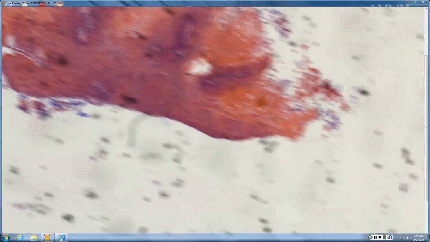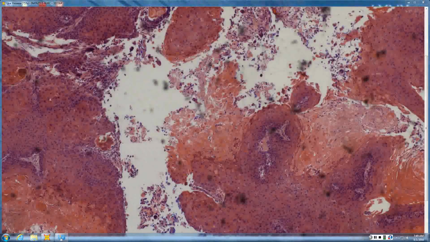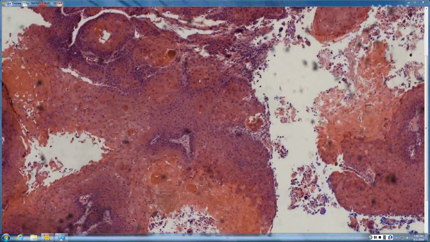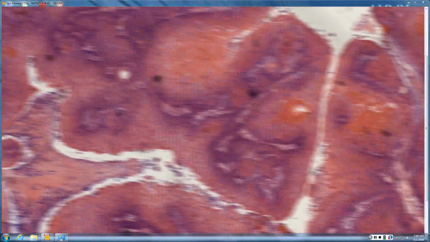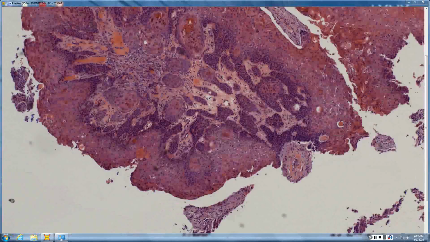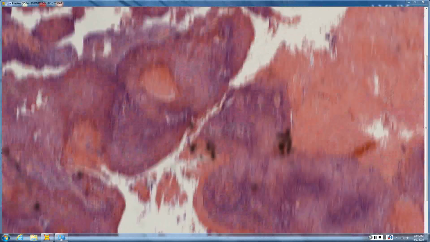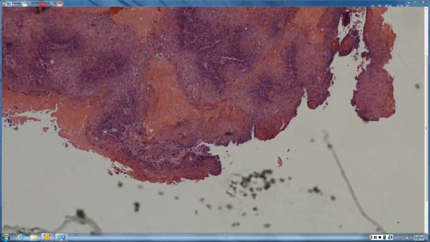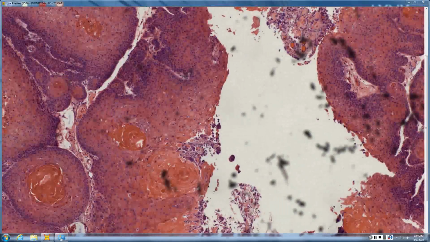So almost see what I'd call, is that villi? Atypical keratinocytes. Almost verrucous-like. With the atypical cells, I'd probably say verrucous carcinoma.